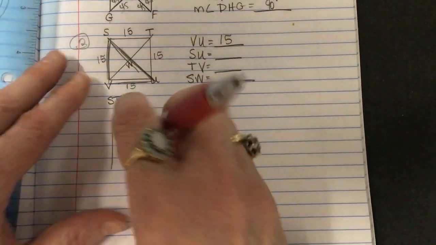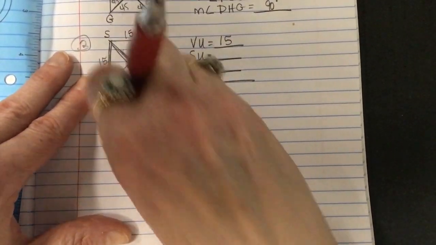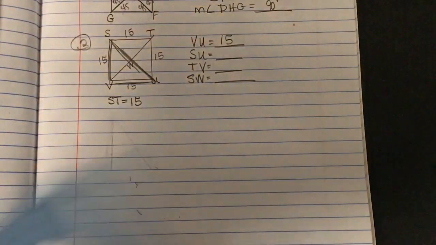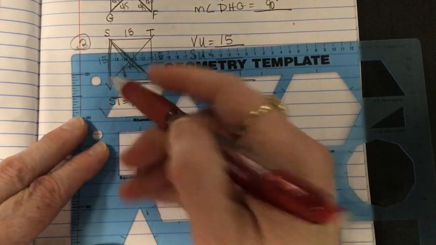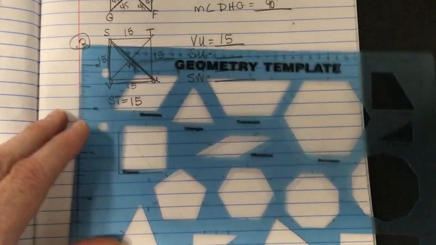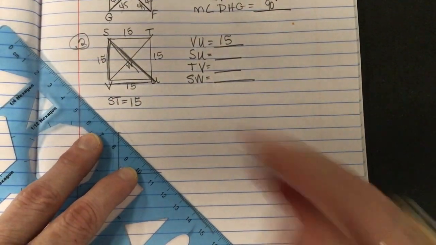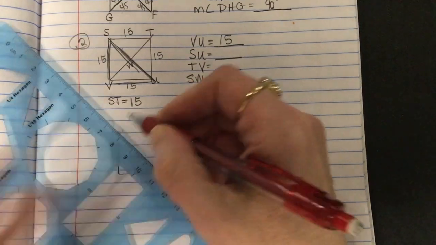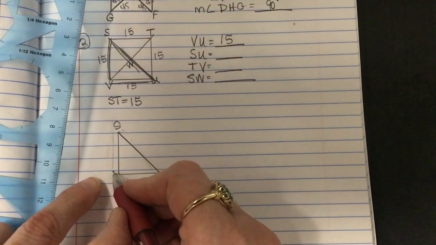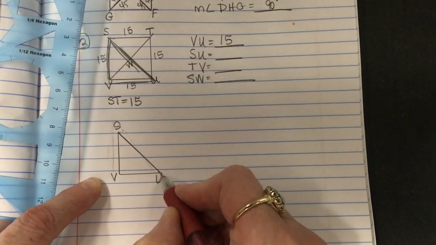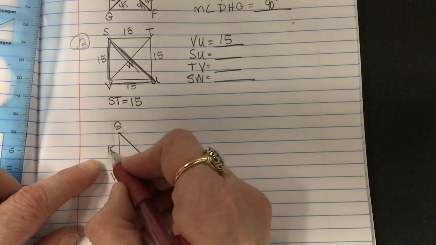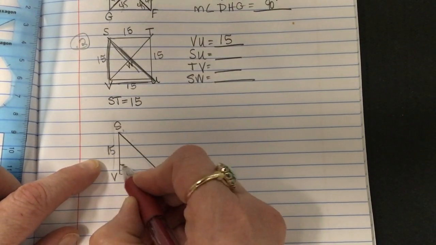I'd probably be better off doing this. Let me just do my square and then split it down the middle like we did when we did 45, 45, 90 triangle. Because there wasn't one on here, I just did half a square and drew it. So I've got S, V, U, and I've got 15 and 15.